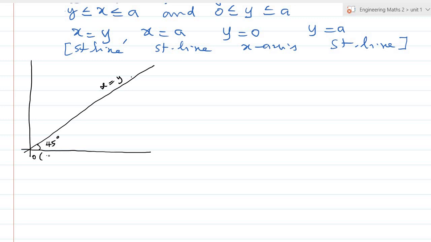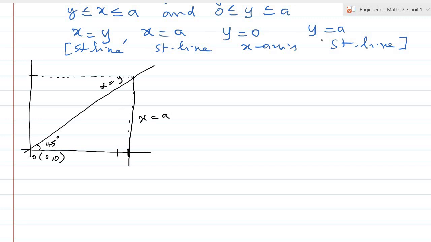This point is 0, 0, and then x equal to a, taking equal distance from here to here. Approximately we can take, so draw some line here. Okay, so x equal to a here. This is x equal to a.